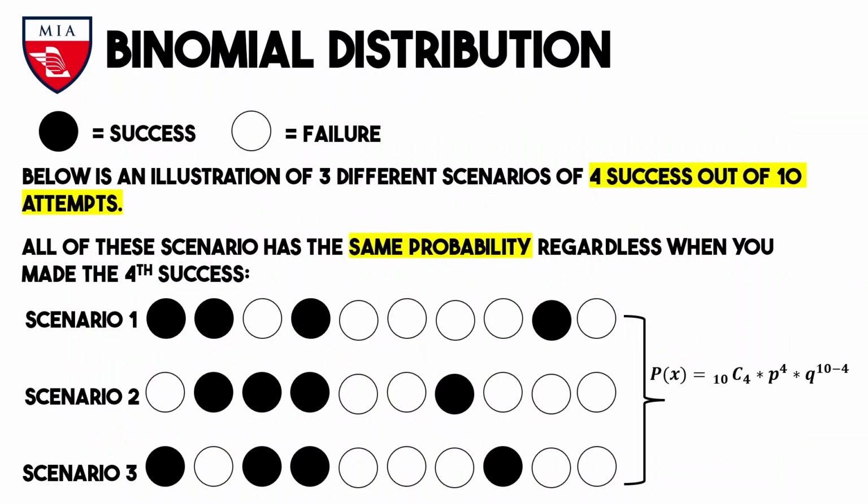So this is just a visual representation. The success is the colored one, or the solid circles, and the failure is the hollow circles.